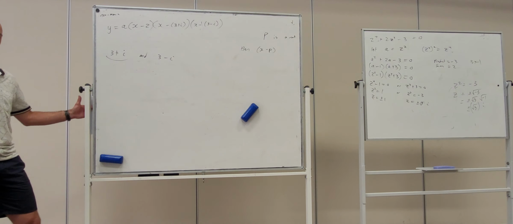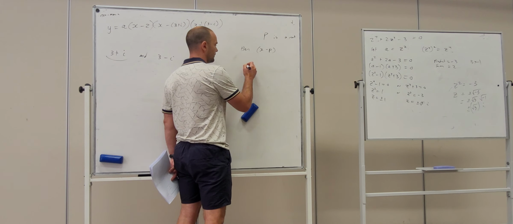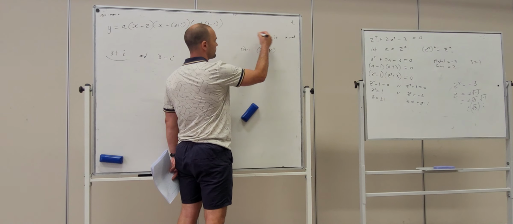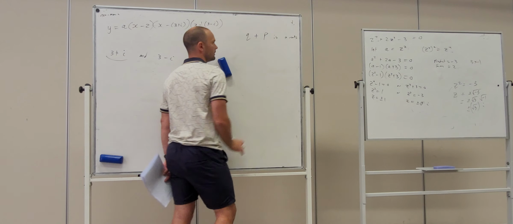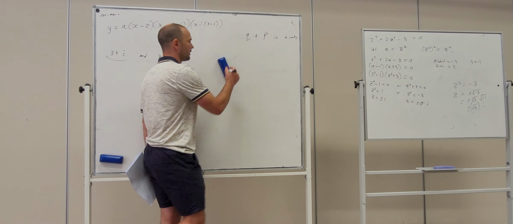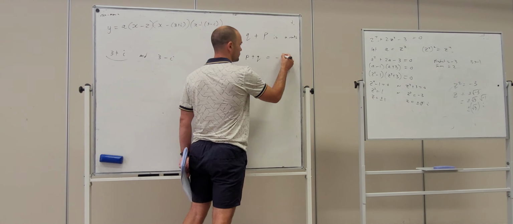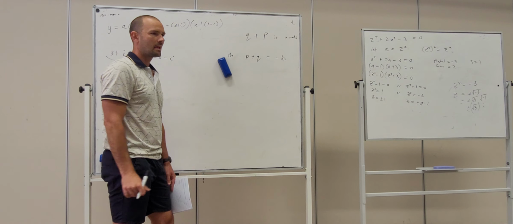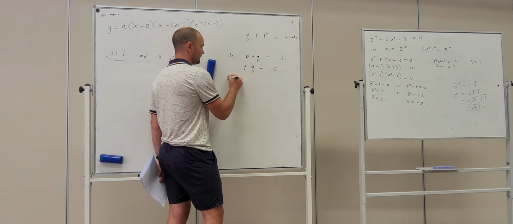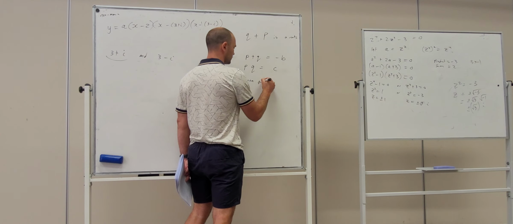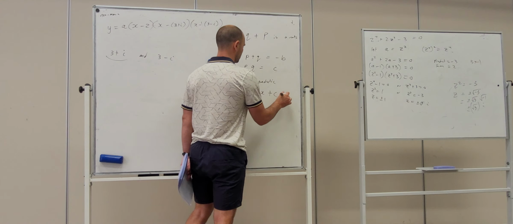However, we can make this look a little bit nicer. For a quadratic that has roots, let's say p and q, if p and q are roots of a quadratic, then p plus q is equal to minus b, and p times q is equal to c, for some quadratic x squared plus bx plus c.